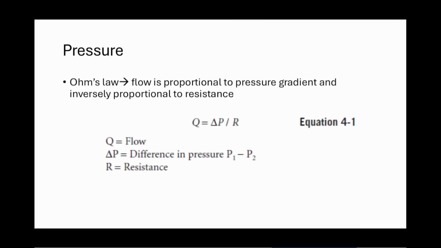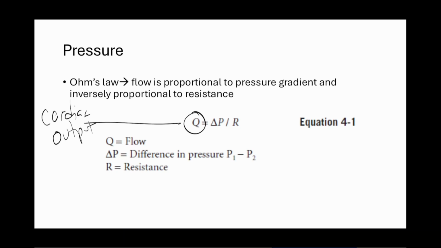Okay, Ohm's law, right? I told you physics. Okay, Ohm's law, we're relating it to fluids now. Ohm's law states that flow, which we call Q, because we're dealing with the cardiovascular system, Q is also cardiac output.